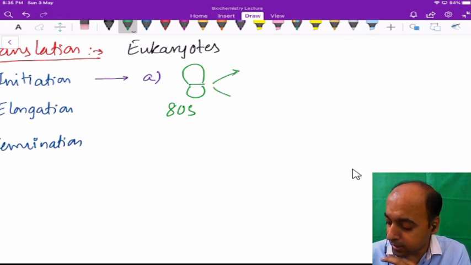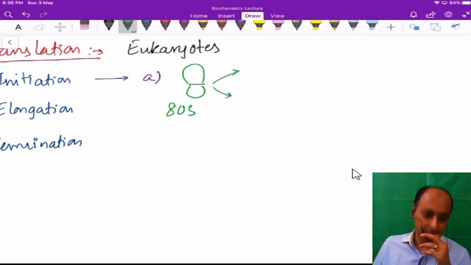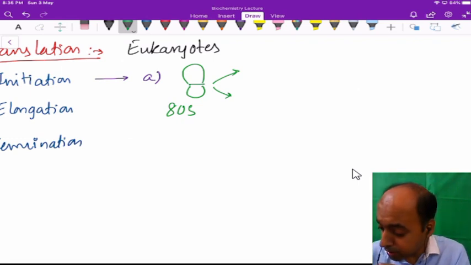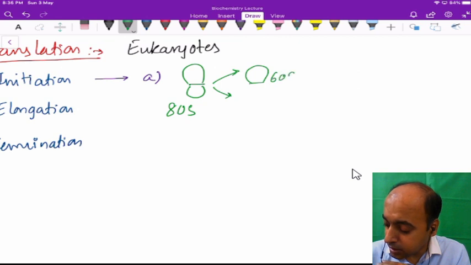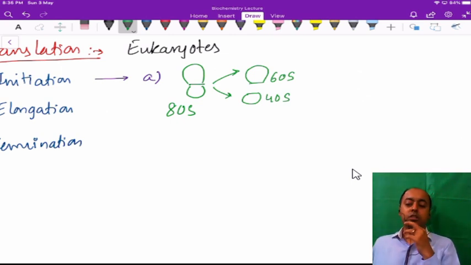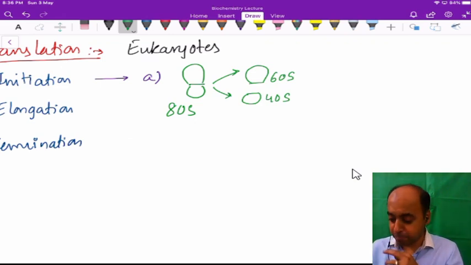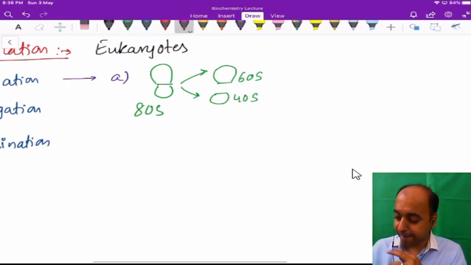Obviously it will split into its components, the subunits, the 60S and the 40S.